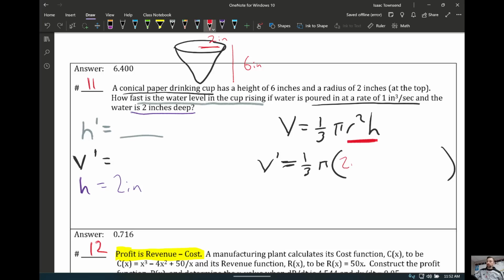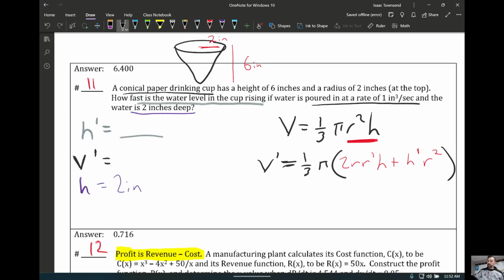You have to do the derivative of r squared with h left alone, and then the derivative of h with r squared left alone. That's correct. It's just not useful in this question. The problem with this question is, I know what h is. I want to know what h prime is.